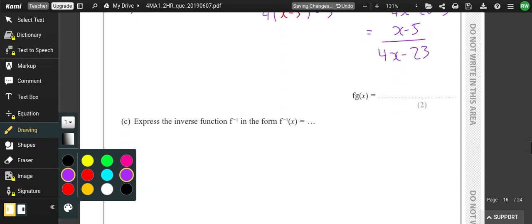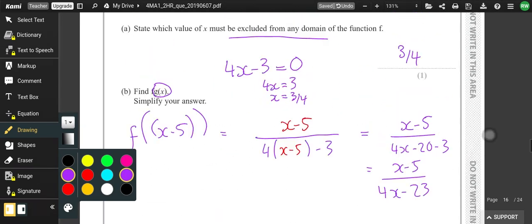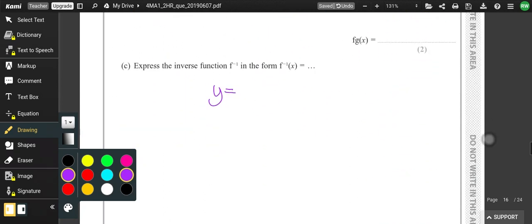Okay? Express the inverse function f minus 1. So we make y equal f(x), x over 4x minus 3. We then replace the x with a y and a y with the x.